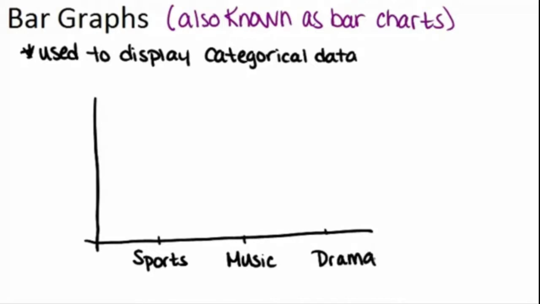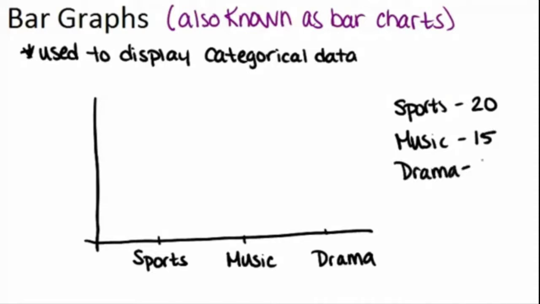Then you need to know how many people fit into each category. So let's say sports was 20 people, music was 15 people, and drama was 10 people, just for an example. Once you see what your numbers are, you can scale your y-axis accordingly. So we would need to go up to about 20. So we can go by 5s.